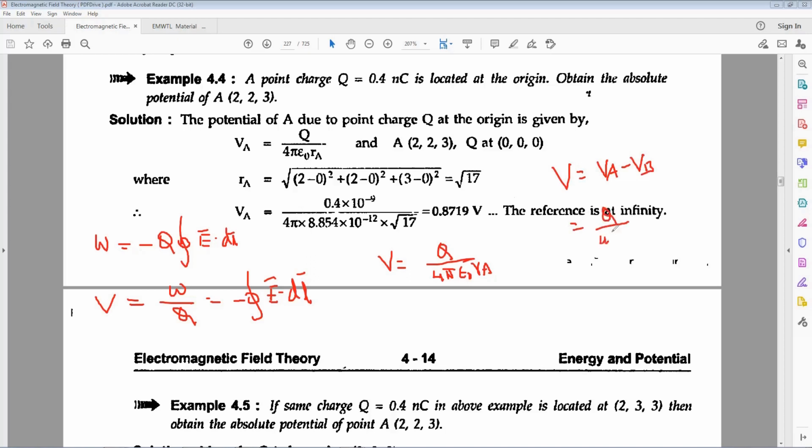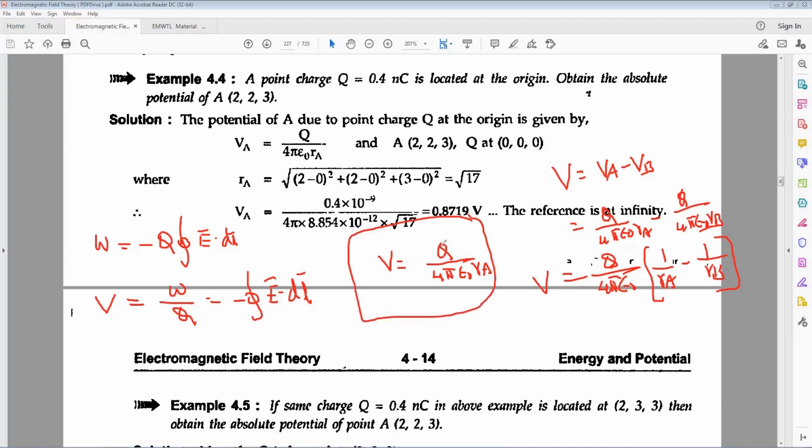Q by 4 pi epsilon naught RA minus Q by 4 pi epsilon naught RB, that is equal to Q by 4 pi epsilon naught, common, times 1 by RA minus 1 by RB, which is RB minus RA by RA RB. For the point charge, you can consider only V is equal to Q by 4 pi epsilon naught R only.